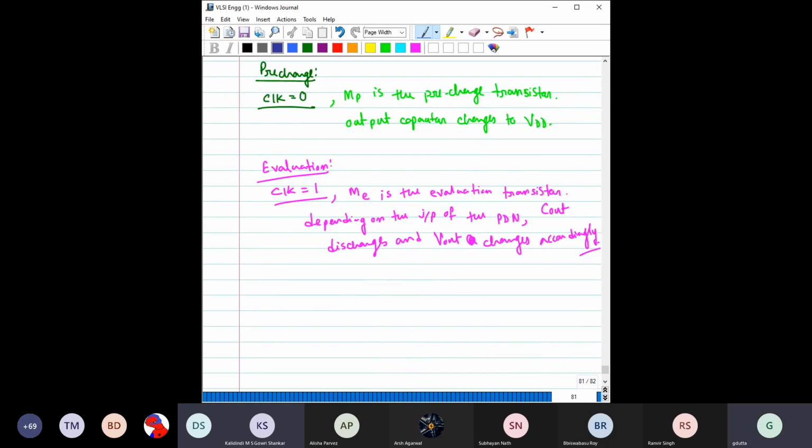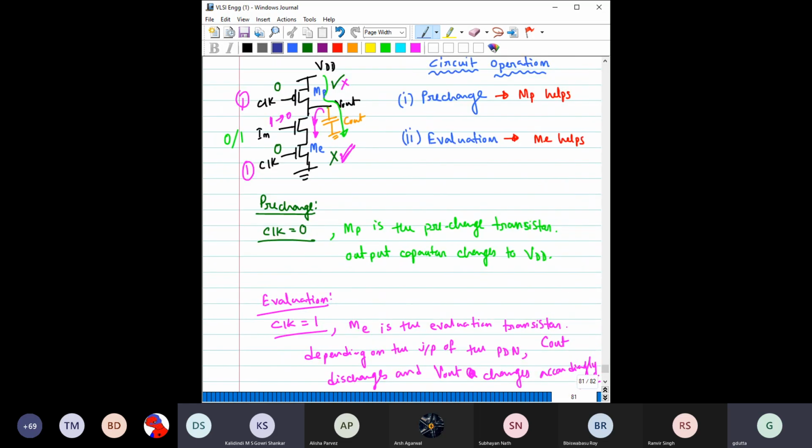See, it is not difficult. Let us take the example of this inverter only.